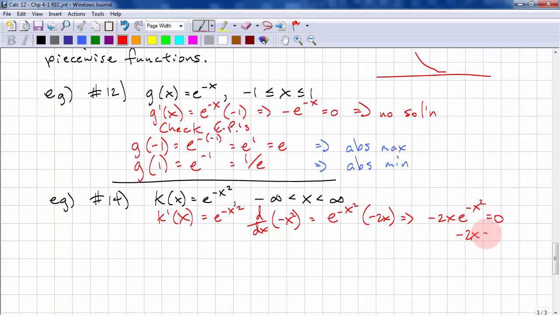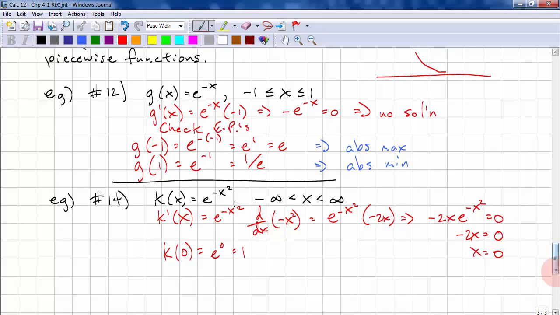Negative 2x equals 0, because we can divide both sides by e to the negative x squared, since it never equals 0. So x equals 0. We evaluate k of 0. This is e to the 0, so this is 1.